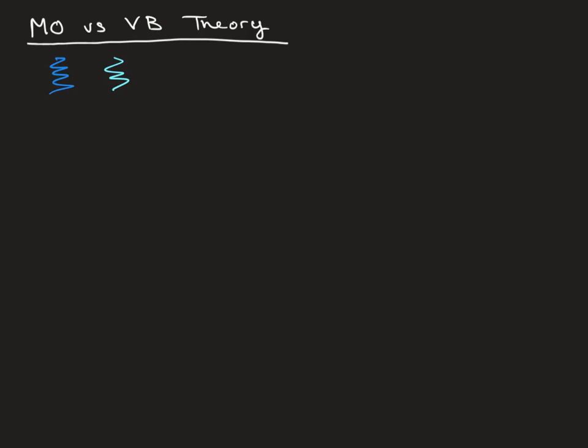Instead, we should compare MO theory versus valence bond theory and ask what they're good at and what their weaknesses are. Up until about the 1950s, valence bond theory was really the preferred method for describing bonding quantum mechanically by chemists. And the reason for this is it focuses on electron-electron interactions.